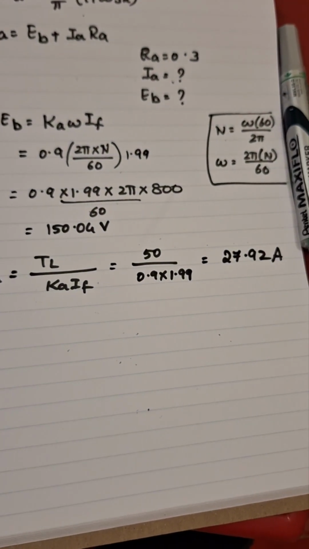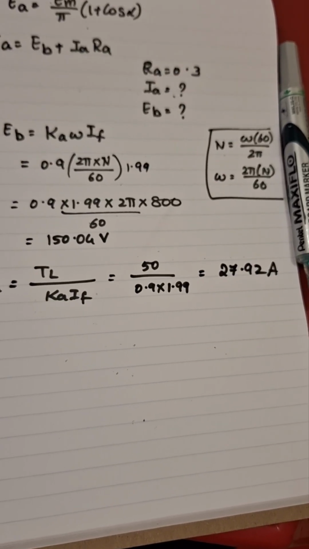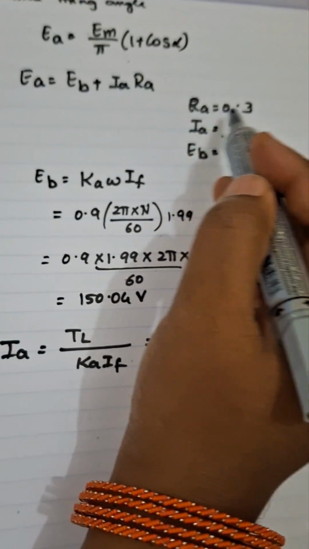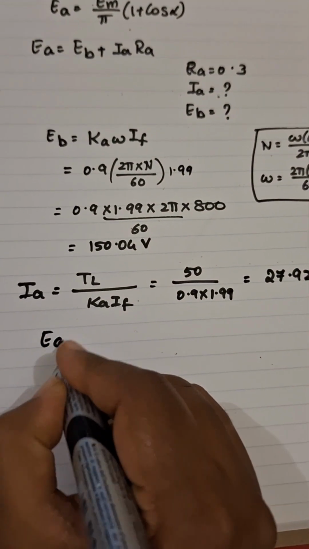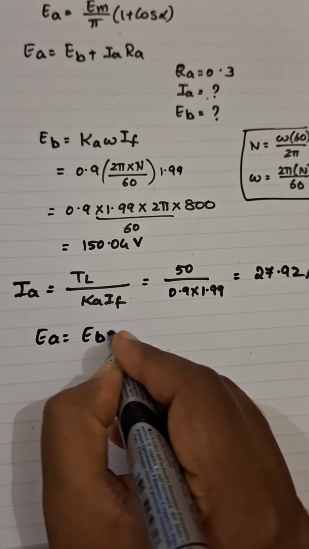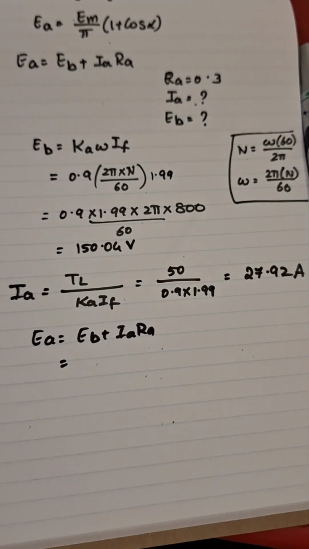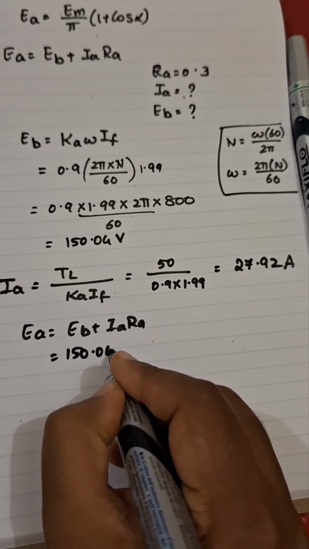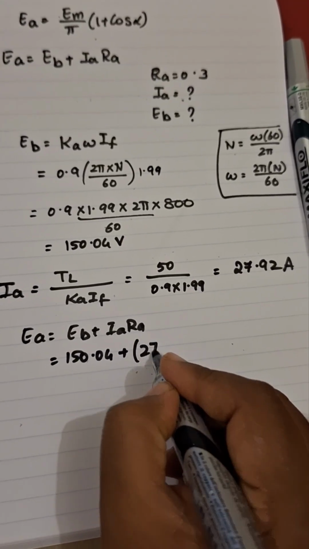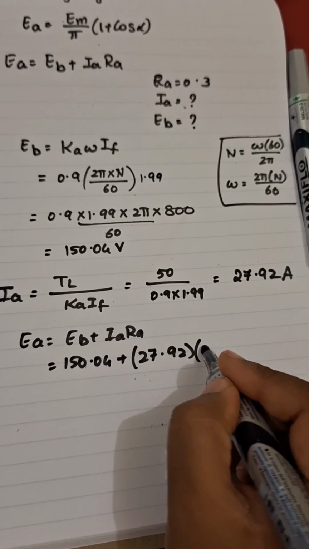So finally we got IA and EB. RA is already given as 0.3. We are directly calculating EA. EA is equal to EB plus IA RA. EB is calculated as 150.04 plus IA we got as 27.92 into RA, 0.3.